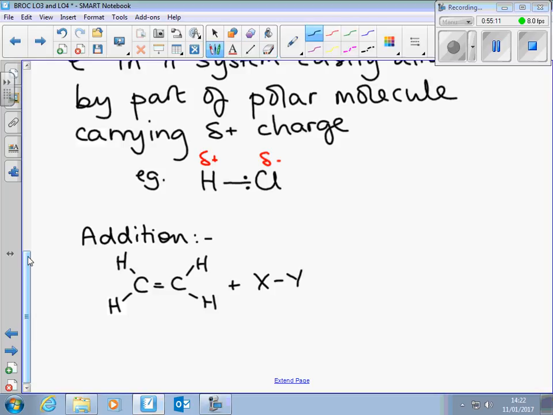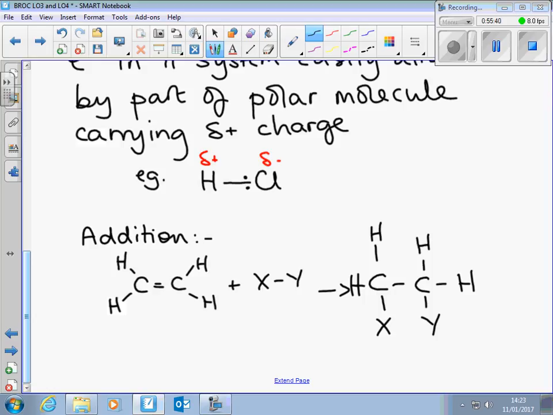So what we end up with, you can see on the sheet, we get, all right, we've got our, whoops, not really left enough space for hydrogen. We end up with this sort of arrangement where the X is added to one of the carbons and the Y is added to the other. And of course our double bond has gone now, because the electrons that were forming that double bond have been used to create a bond with the X and a bond with the Y.